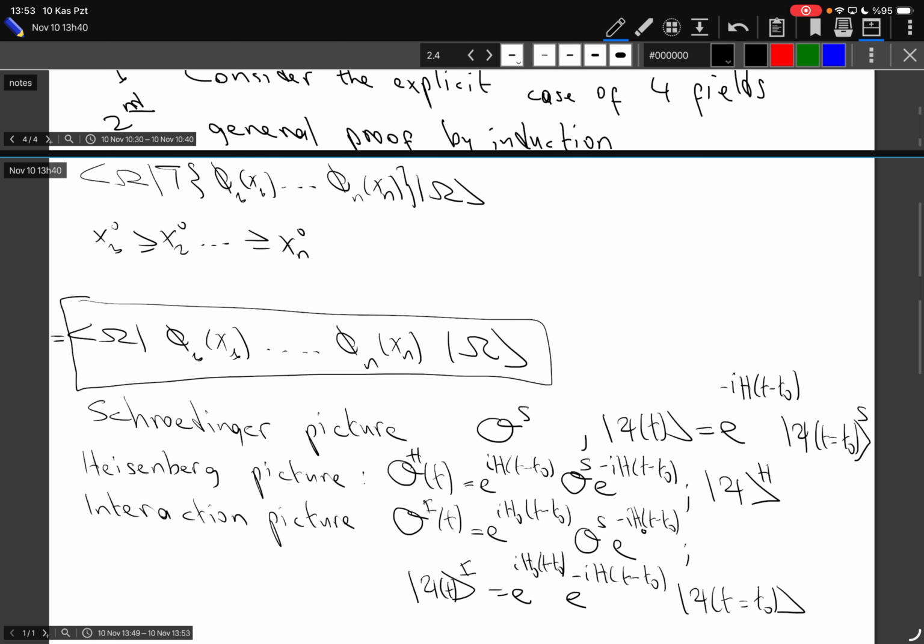Now, what does the interaction V do? It changes phi's, and it changes omega. Because if the potential is 0, then I know that omega is basically the empty state, and for the phi's, if there were no interactions, I know their evolution.